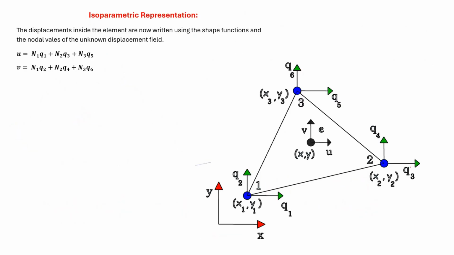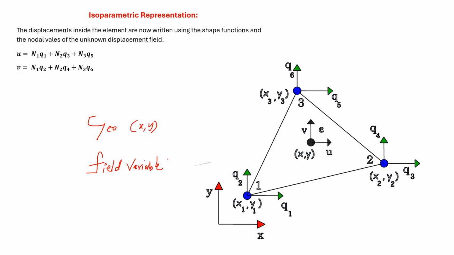Now, isoparametric representation. What is meant by isoparametric representation? If you use the same shape function for the geometry, which is the Cartesian coordinates x and y, and if you use the same shape function for the field variable, then that type of representation is said to be isoparametric representation.